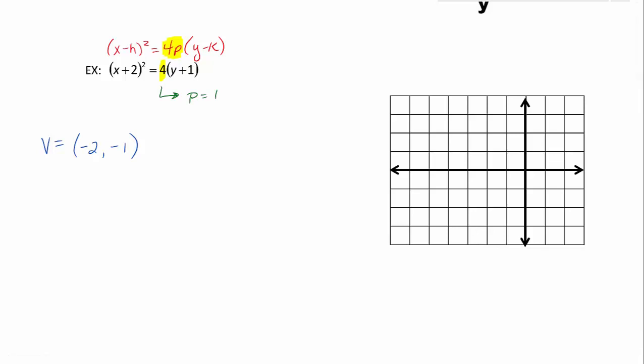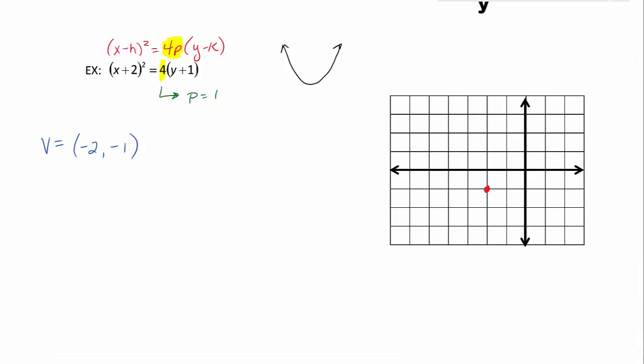All right, so my vertex is the point negative 2, negative 1. I know that my parabola, since the p-value is positive and x is being squared, is going to be opening up.